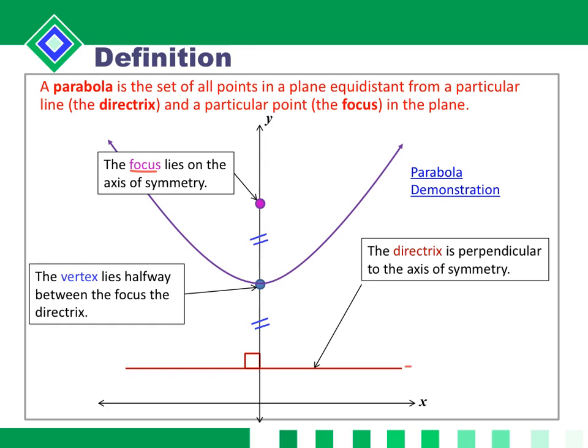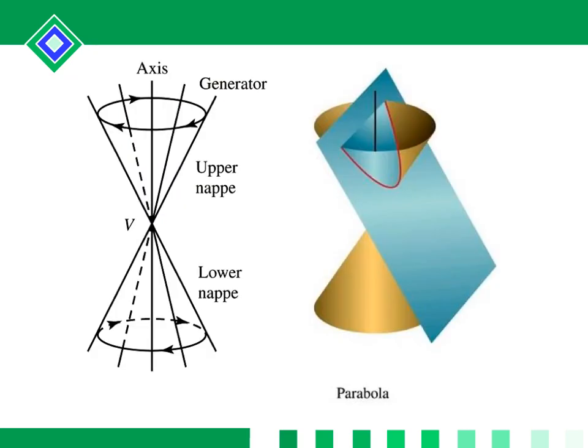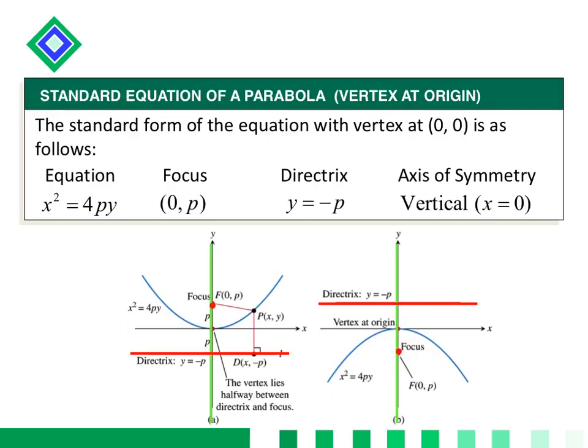We also have something else I need to mention here, and this is the focal width. The focal width is that distance going through the focus, touching the sides of the parabola. If you make a cross section, you can see where the parabola is coming from.